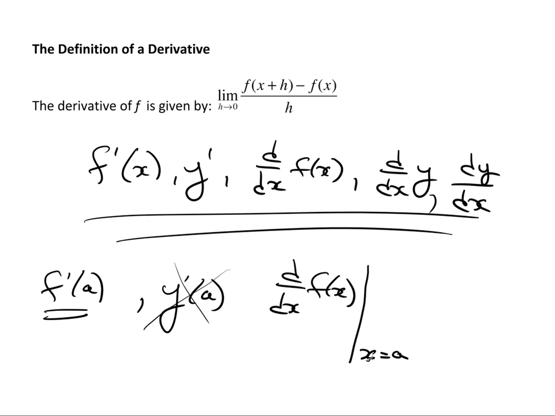This is saying make x a, which is the same thing as this. So these are really probably the most common notations to say, hey, I'm going to evaluate this derivative function at a specific value a. So if I wanted it at 2, I would say, well, what's f prime of 2? And saying f prime is proper terminology. When you say f prime of 2, I know you're talking about the derivative. Or d dx of f of x at x equals 2.